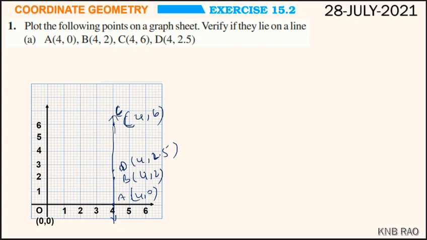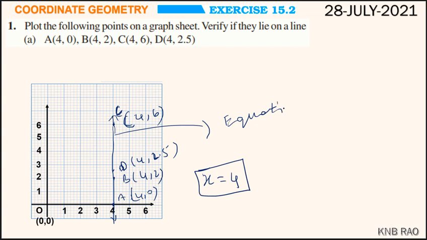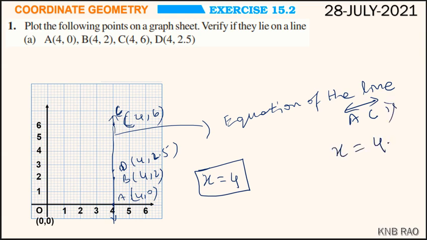You could see here the x coordinate is the same in all of them. So, x equals 4 is the equation of this line. Geometrically you could see the equation of the line AC is x equals 4, because the x coordinate in all of them is 4 only.